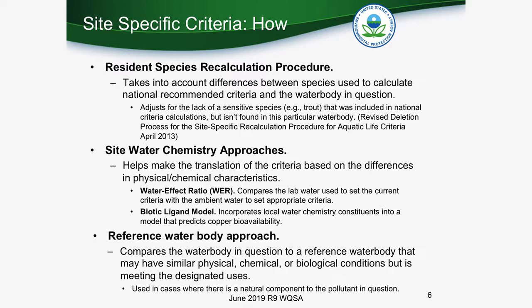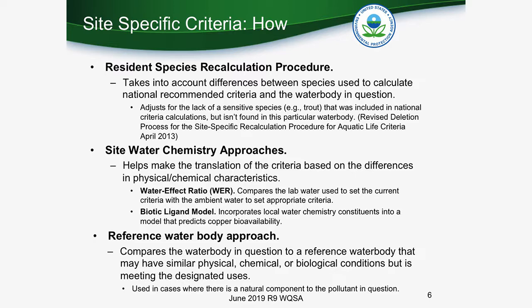The second one was touched on by Deborah. So things like the water effect ratio and the biotic ligand model are accepted practices for metals, and they deal with ways to adjust the metals criteria.